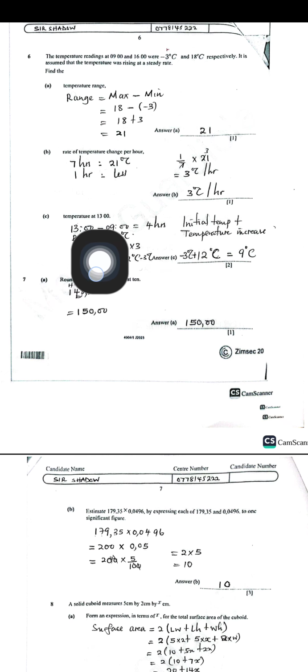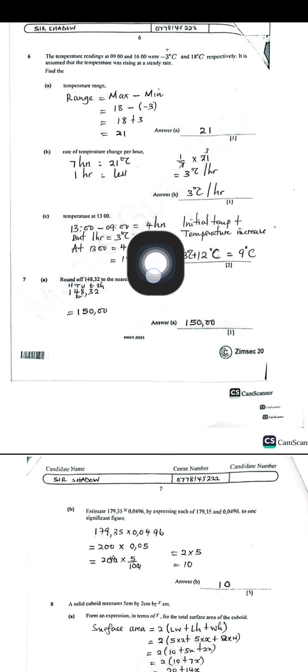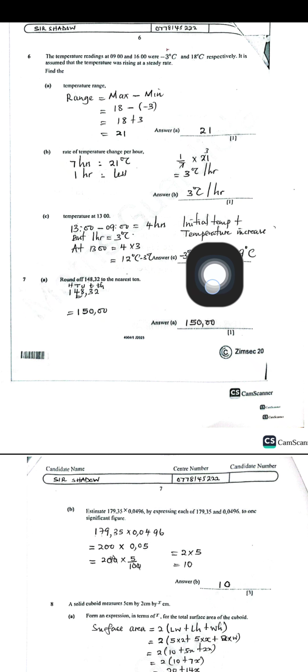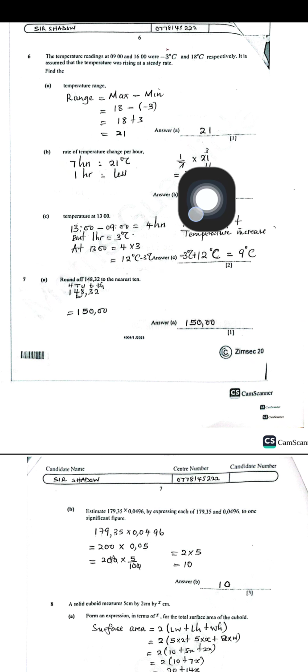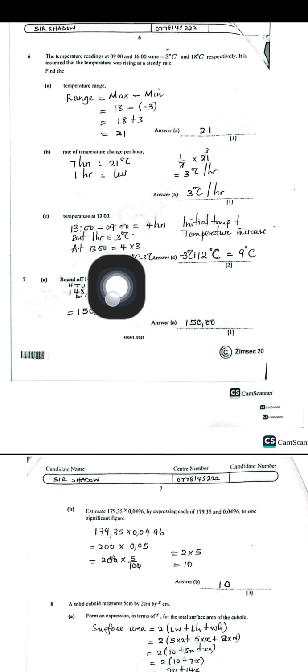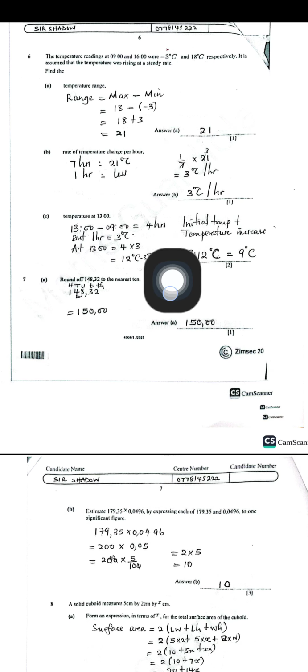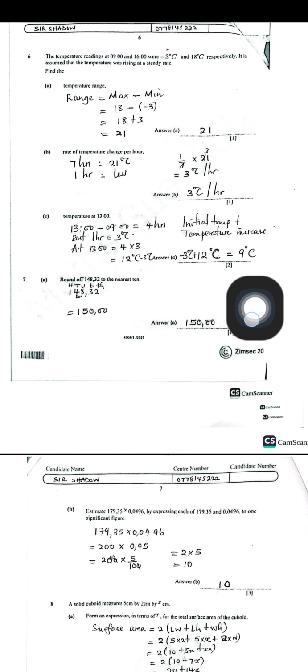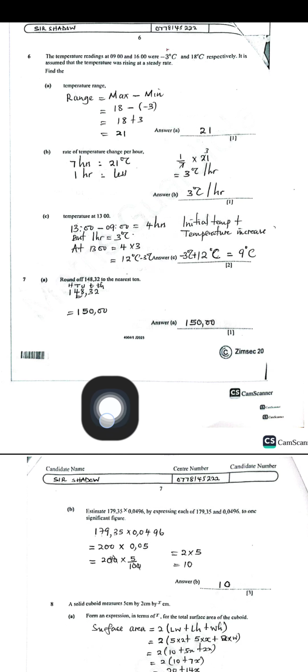For us to find the temperature at 1300 hours, we are saying the initial temperature plus the temperature increase. Initial temperature, which is -3, plus the temperature increase, which is 12 degrees Celsius. So -3 degrees Celsius plus 12 degrees Celsius, now getting 9 degrees Celsius.